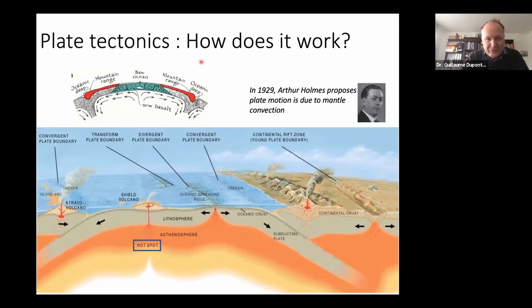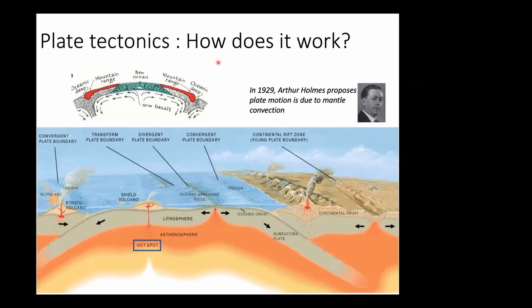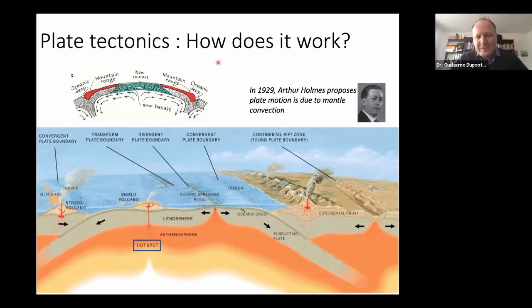Let me go back to the driver of plate tectonics. Maybe I'll take over a little bit so we move on. So in fact, we think, or are quite sure, that the plate motion is due to convective motion in the mantle. You have warmer material coming up in the mantle that is not completely melted, but partially melted.